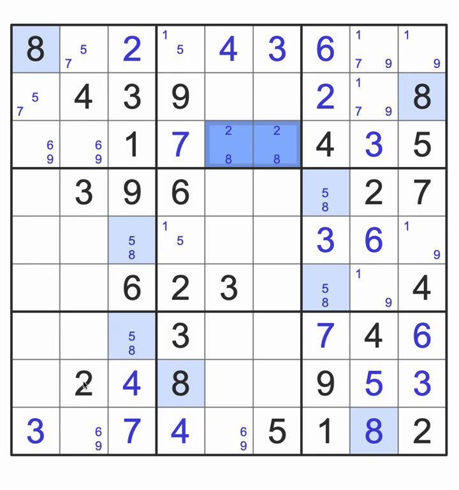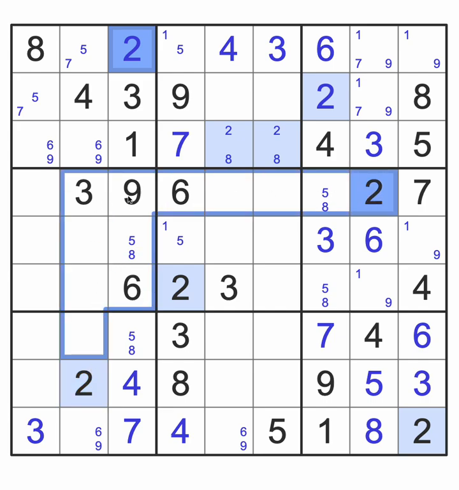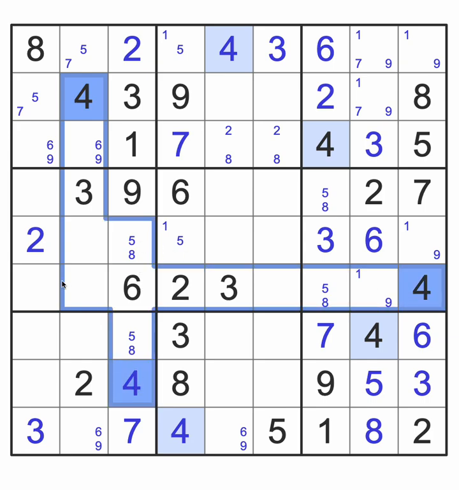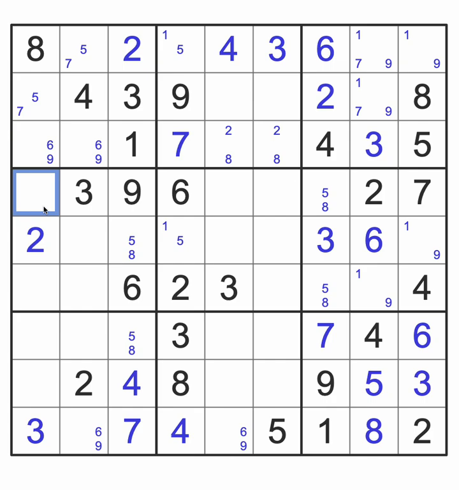Yeah. Okay, I can place 2 in box 4. This 2 blocks like this. 2 here blocks like this. 2 here blocks like this. So 2 will be here, and that should give me 4. Yeah, 4 gives me blocks like this. That gives me 4 here.